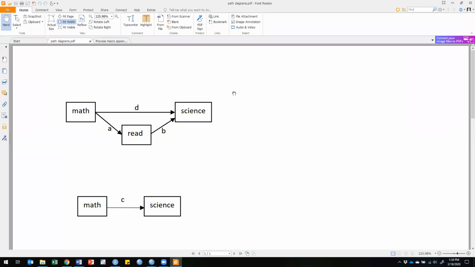So when I say we're going to draw out our path diagram, this is what I mean. We want to visually represent what this model should look like. What is the causal model that we want to apply? We want to say that math scores are directly related to science achievement.